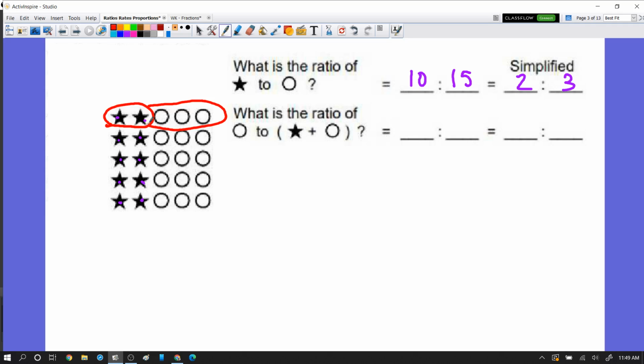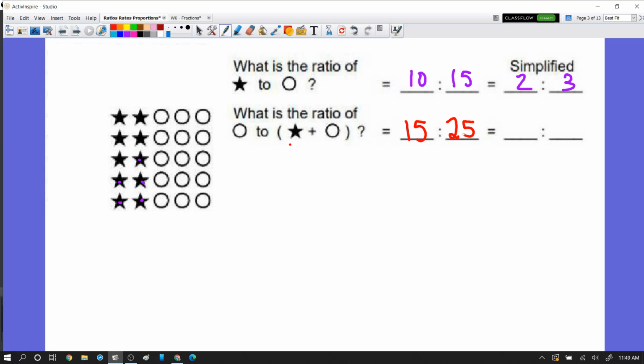And then we have a comparison of the total amount of circles. So there were 15 circles to stars plus circles. So that would be all of it. 10 plus 15 is 25. So we have a ratio of 15 out of 25. Out of 25 shapes, 15 of those are circles. That's all that's saying.